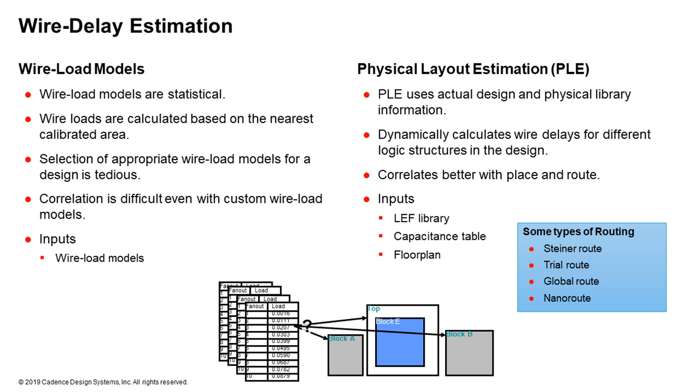And one of the things to note about wire load models is that wire loads are statistical and they're calculated based on the nearest area. So based on a block size, we determine what the wire length must be and use the fan out and loads to accurately estimate the maximum wire length that would actually be then used to calculate the resistance and capacitance and thus the delay.